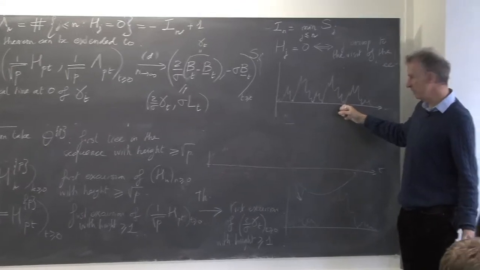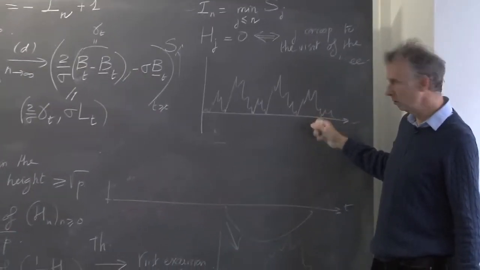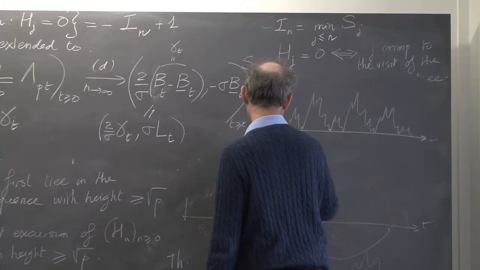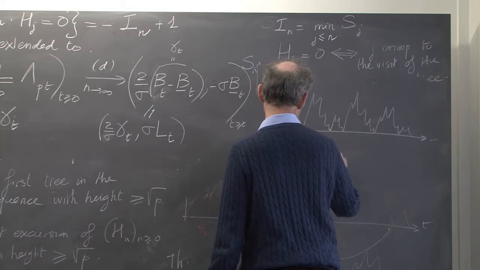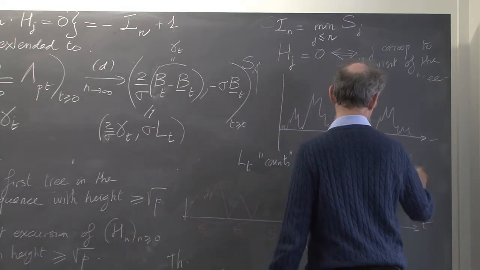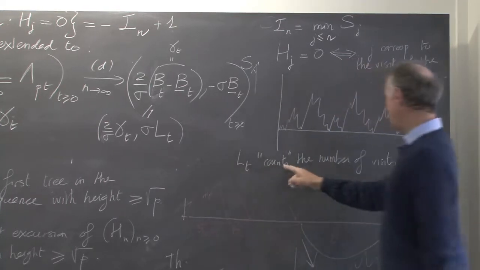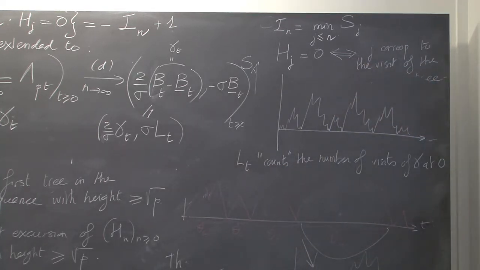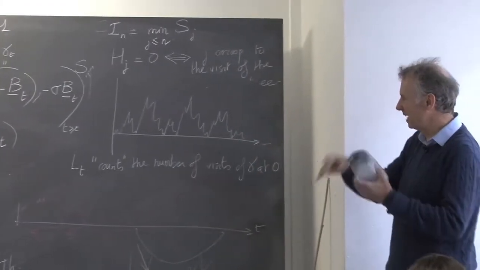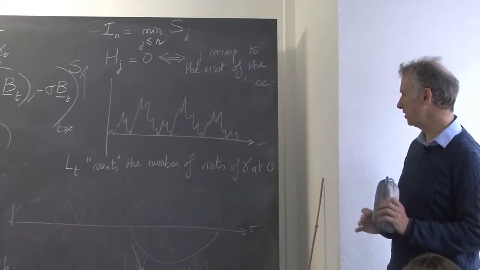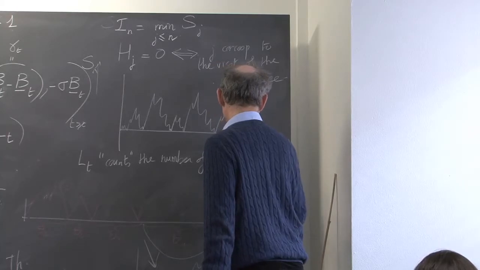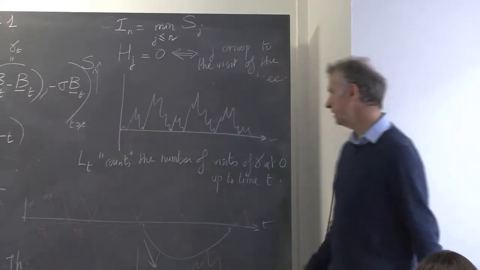That counts, in some sense, the number of visits of gamma at 0. I put counts between quotation marks because, of course, there is an infinite number of visits of 0, so it's not just counting, it's a kind of measuring the number of visits of gamma at 0 up to time t. So this is the local time.